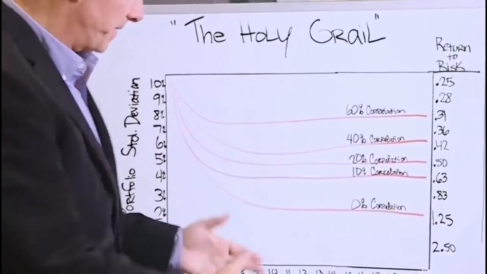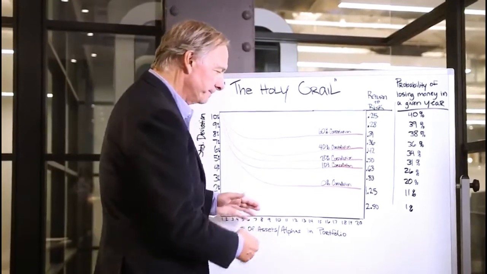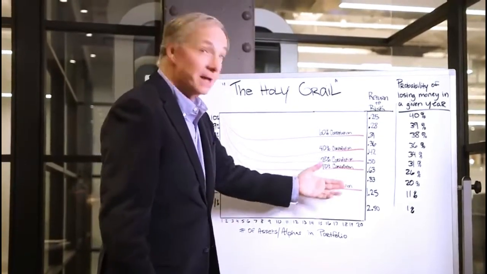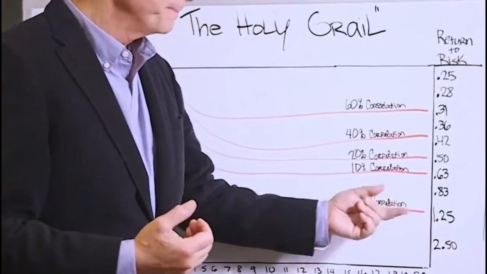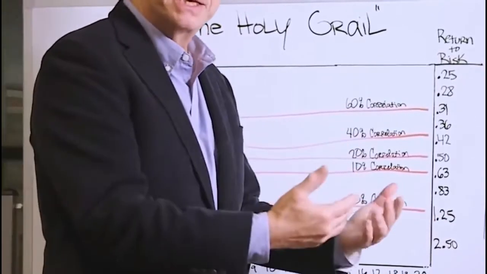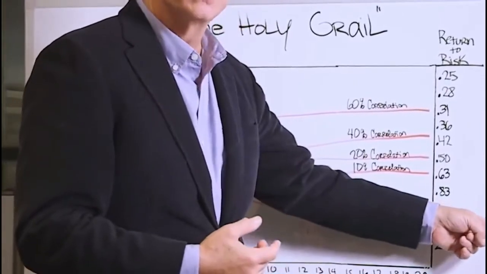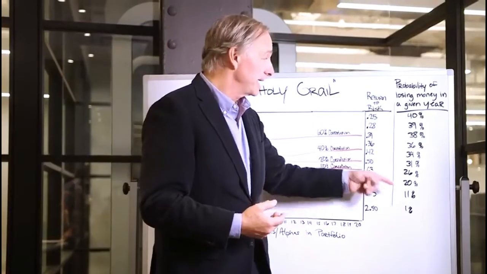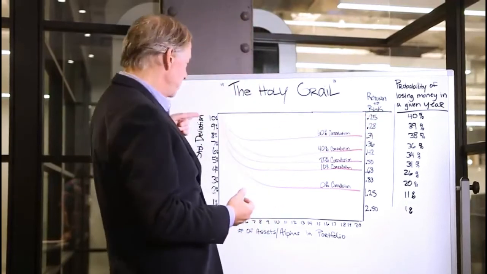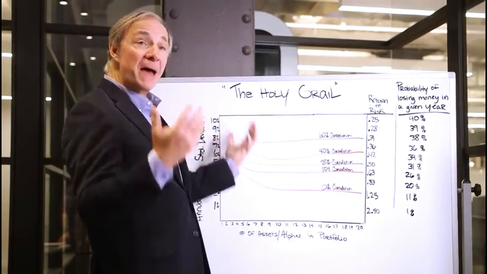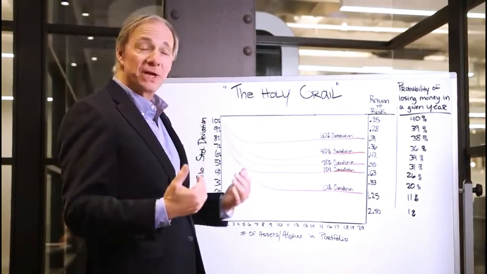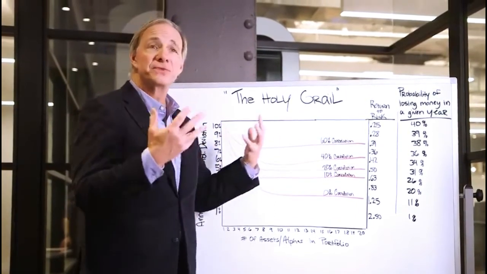If I can get 0 correlation and I have 15 to 20, I'll have an information ratio, a return to risk ratio, of 1.25. That means my probability of losing money in a year is only 11%, as distinct from 40% with any one of them. So that's the power of portfolio construction and the power of diversification. It tells me what I have to go after.